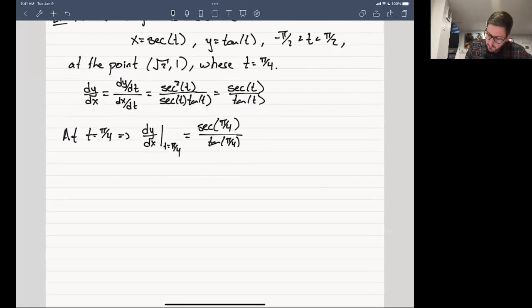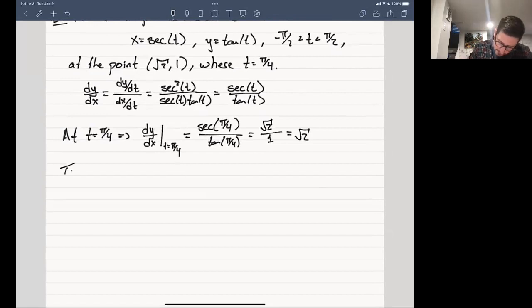Now, secant of pi over 4 is equal to square root of 2 over 1, and the tangent of pi over 4 is 1. So the slope of this thing is square root of 2.